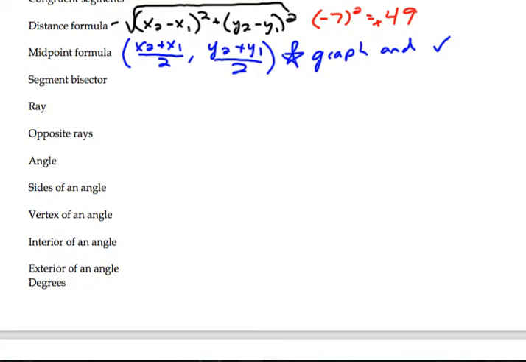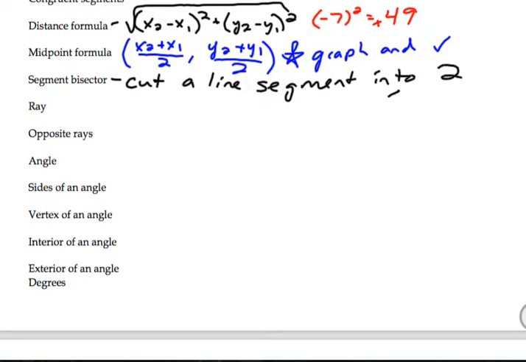Now a segment bisector is going to cut a line segment into 2 equal pieces. Remember, those bisect words mean to cut into 2 equal pieces.